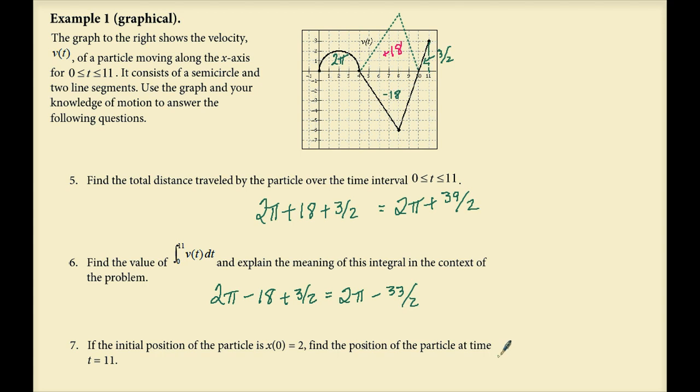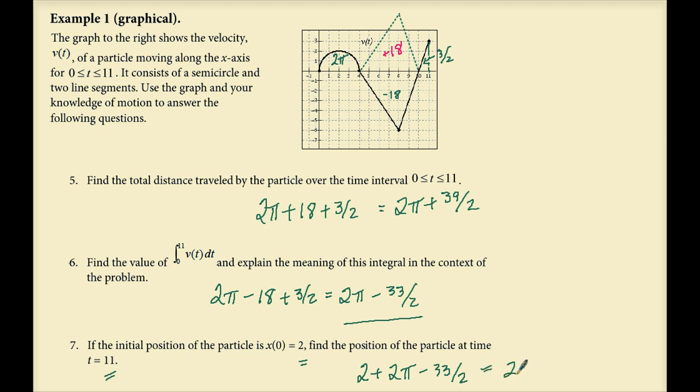If the initial position of the particle is x of 0 equals 2, find the position of the particle at time t equals 11. So if the position was 2 at time t equals 0, and net change in position, or displacement, was 2 pi minus 33 over 2, we can find out where the particle is at t equals 11 by adding 2 to the net change in position, 2 pi minus 33 over 2.